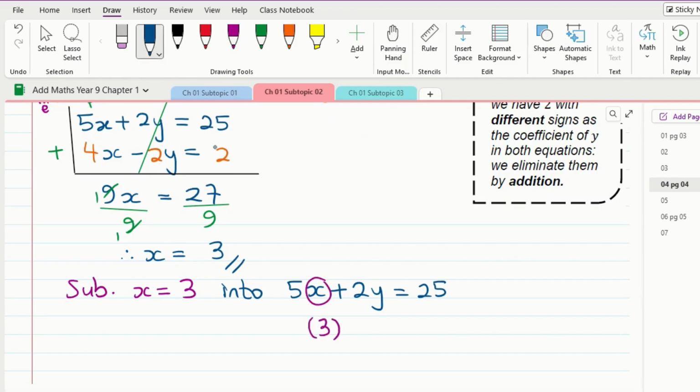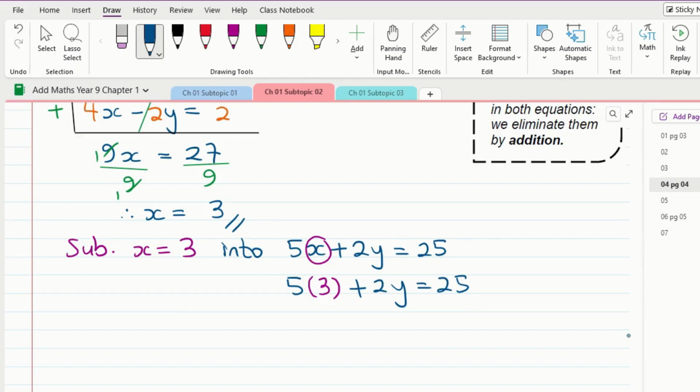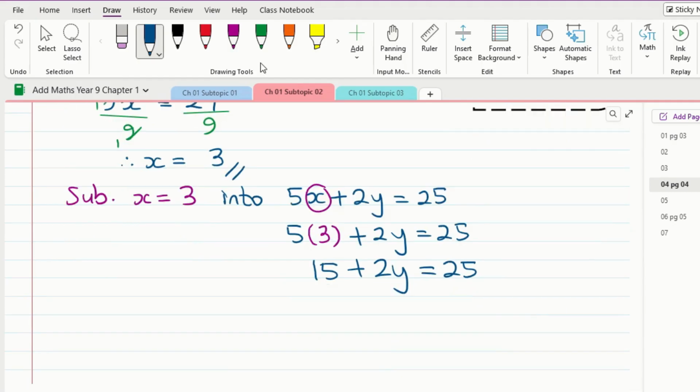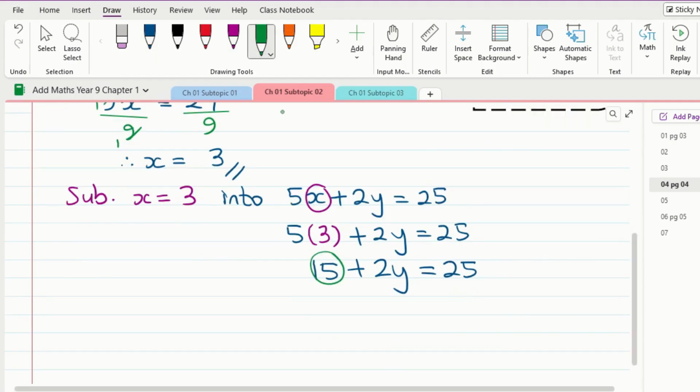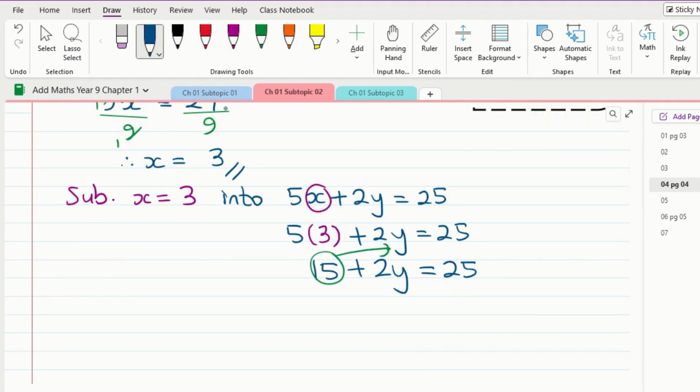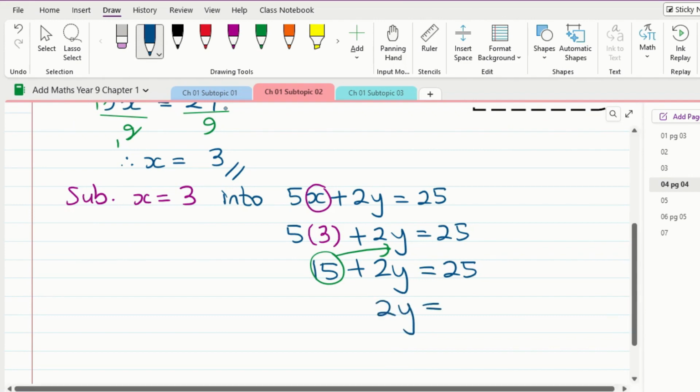So here 5x means 5 times 3, plus 2y equals 25. So the rest of it is going to be simple. 15 plus 2y equals 25, and 15 is moved to the other side. So on the left hand side, 2y equals 25 minus 15. You will have 10.